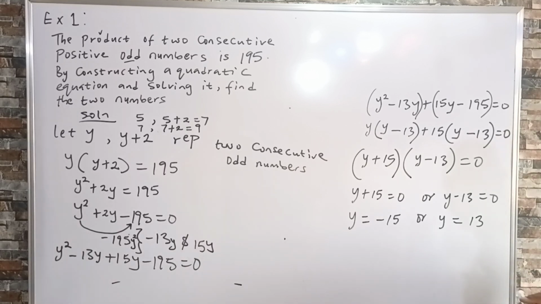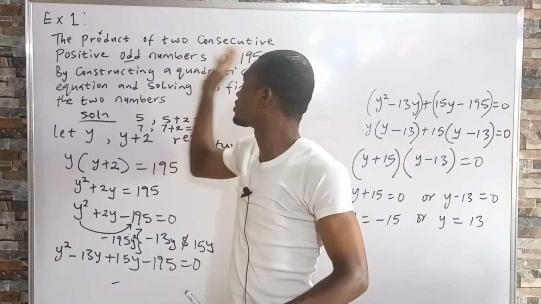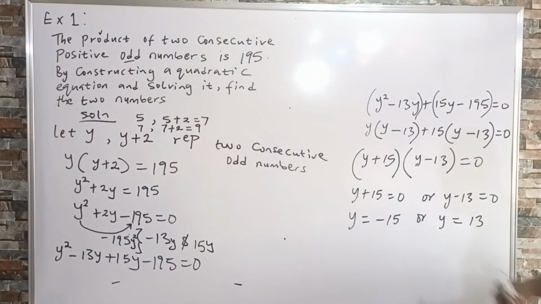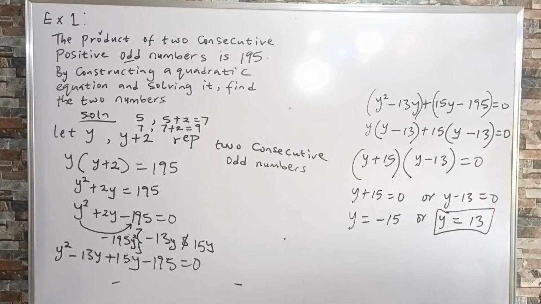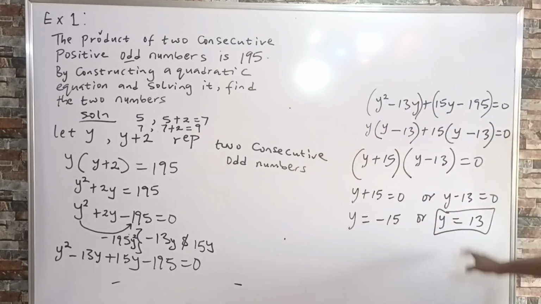All right, with that said, remember the question said product of two consecutive positive numbers. With that language, positive, that means we are just taking the value of y to be 13 instead of minus 15. Take note of that, because minus 15 is a negative number, but we are considering positive numbers.